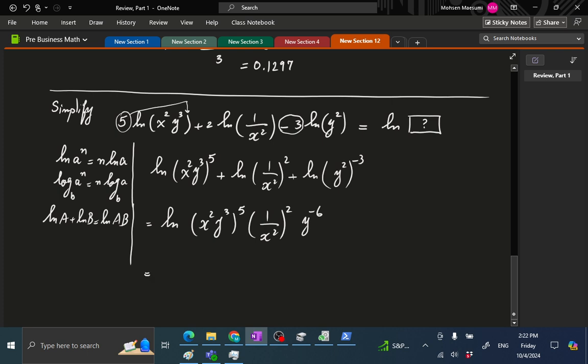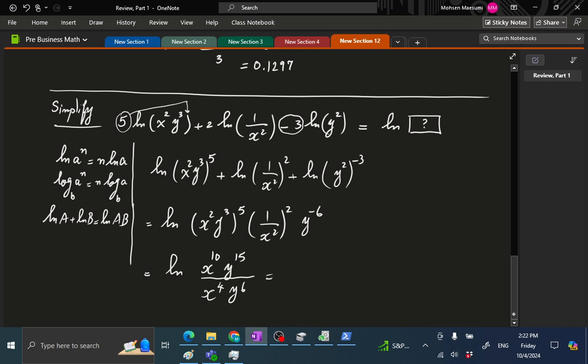Now we want to simplify as far as we can go, so I take the exponent inside. This becomes logarithm of x to the 10, y to the 15. This becomes x squared, squared becomes x to the power of 4, that is here. Y to the power of minus 6, I can write in the denominator as y to the power of 6.